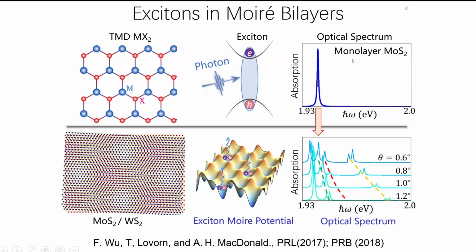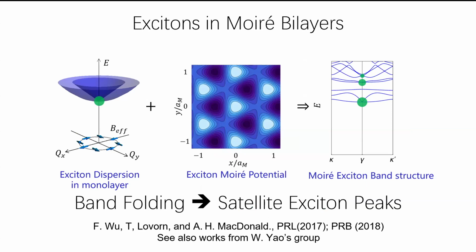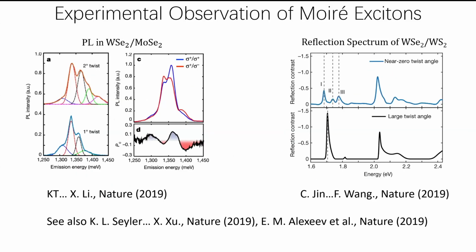Without Moiré, in monolayer MoS2 for example, there is a strong exciton peak, and with the Moiré potential, this exciton peak splits into multiple peaks. In some sense this is a standard solid-state textbook problem, but the physics is quite rich, and this prediction was indeed observed.